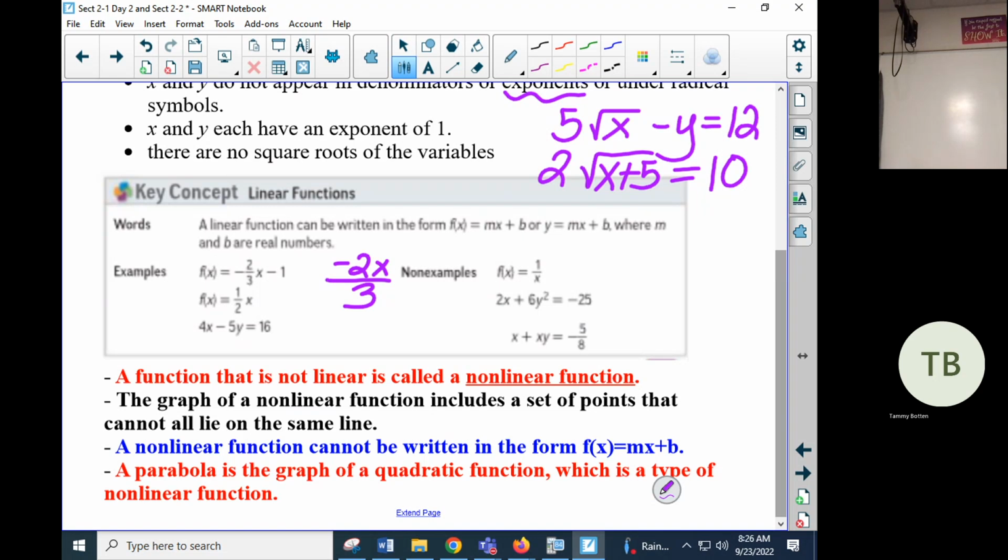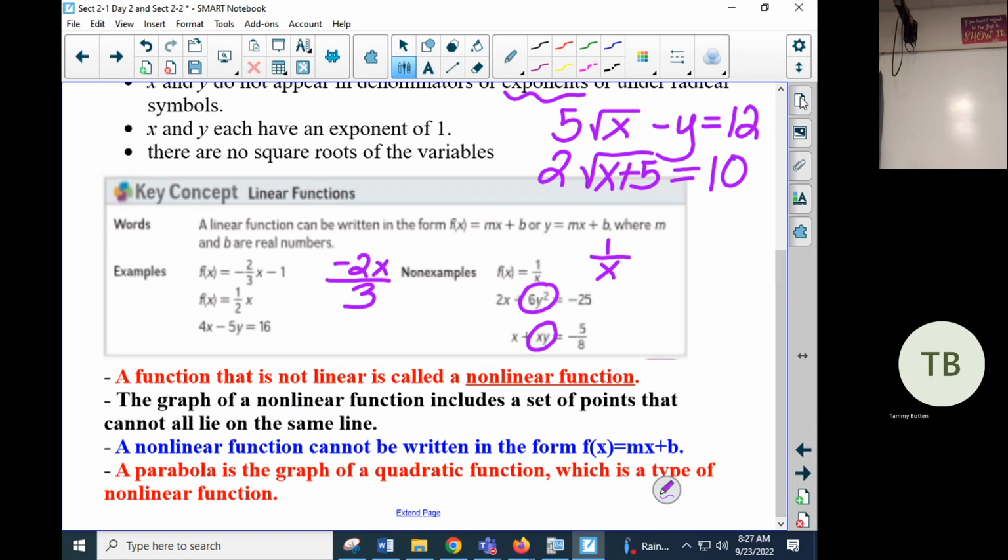And then here, your x and your y only have the power 1. This one, if you guys can read this, is 1 over x, and you can't have an x on the bottom. This one says 6y squared, and y can't be to a power other than 1. And then this one has x times y, and you can't have x and y multiplied together.